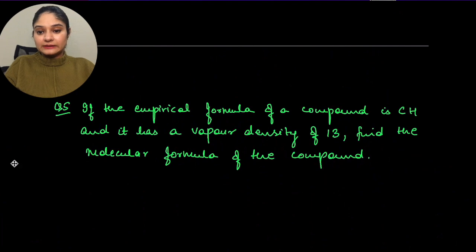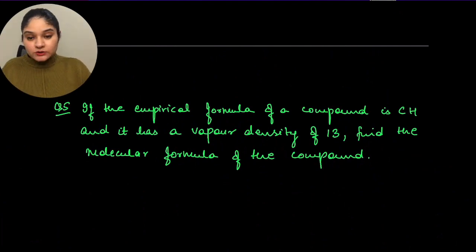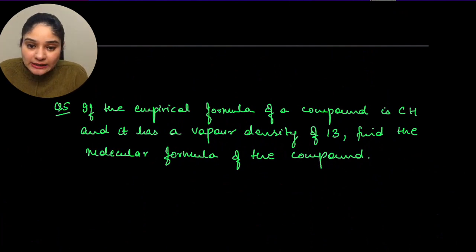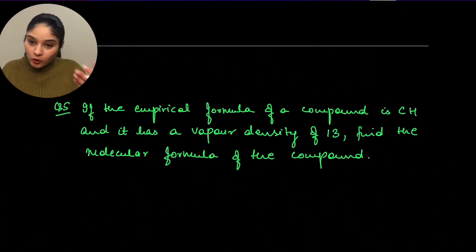Alright students, let's continue from question number 5. I hope the screen is better visible now. So let's quickly do this. If the empirical formula for a compound is CH and it has a vapor density of 13, find the molecular formula of the compound. The empirical formula is given to you, so you can find the empirical formula weight.